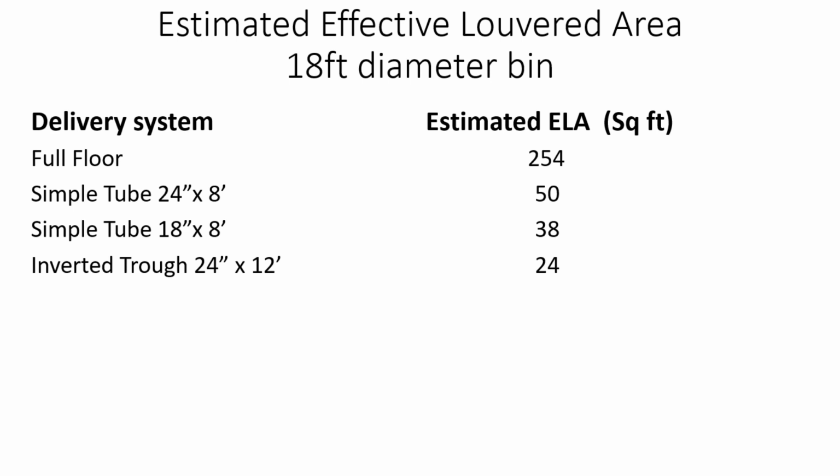But again, the bigger impact isn't the fact that you have pressure drop getting into the airway, but it's more so that the cross-sectional area is so small that you have a very high velocity, and the initial contact with the grain is at a higher velocity.